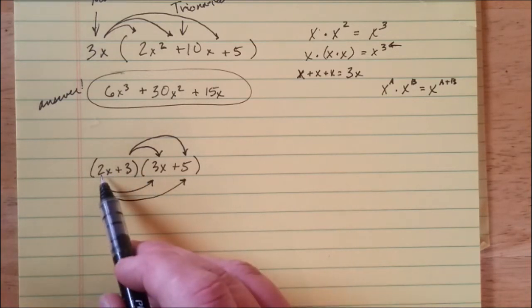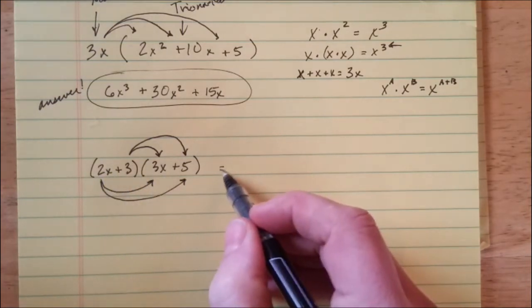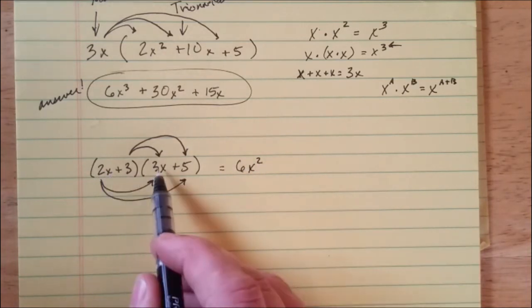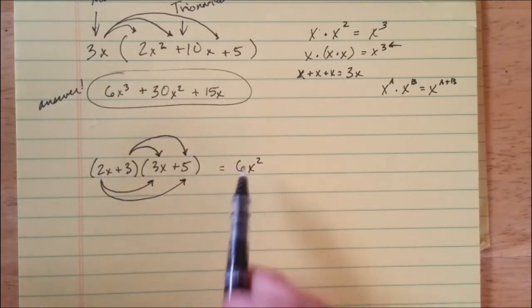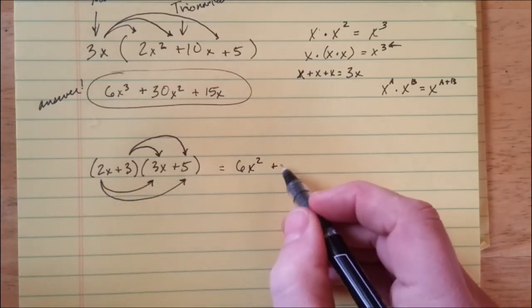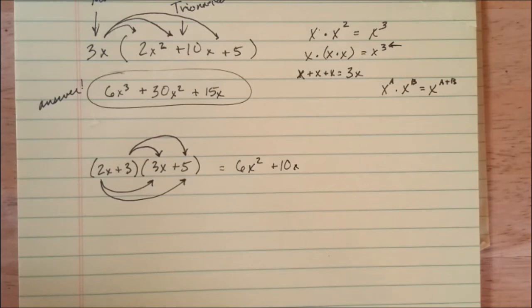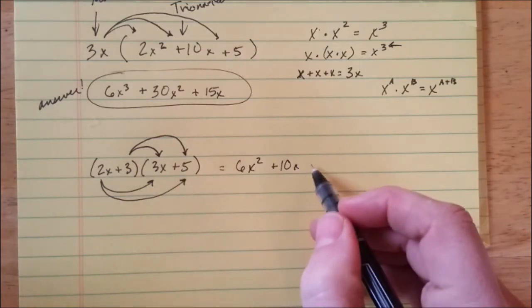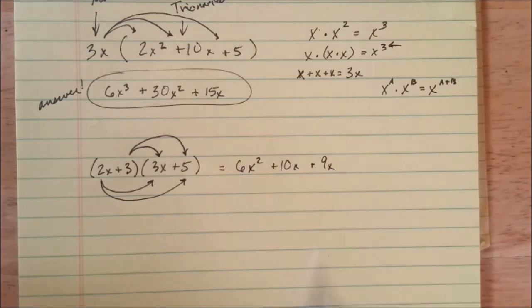So 2x times 3x, that is 6x squared. x times x is x squared. 3 times 2 is 6. 2x times 5, that's 10x. 3 times 3x, well, that's 9x.